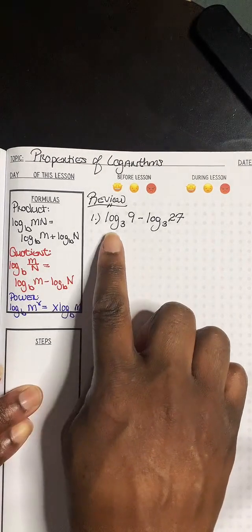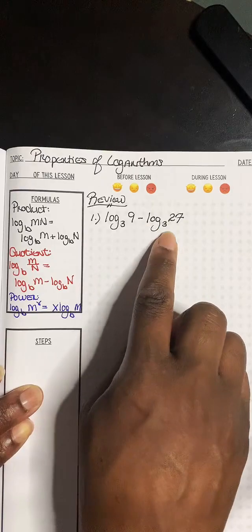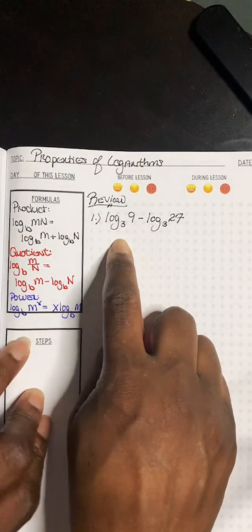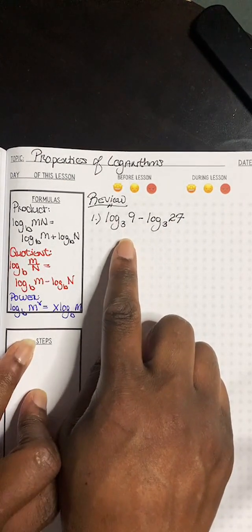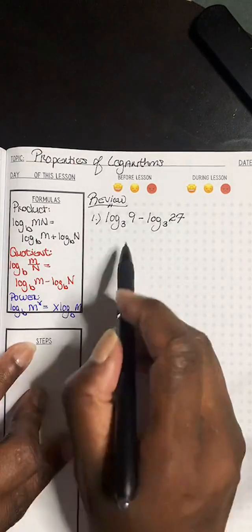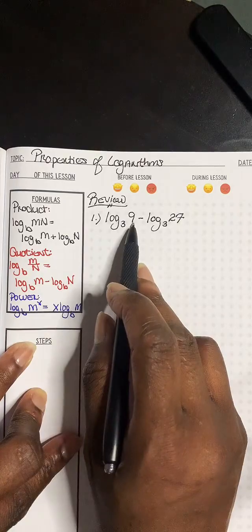As a quick one, when we have log base 3 of 9 minus log base 3 of 27, most people will say we could find what represents the log base 3 of 9.